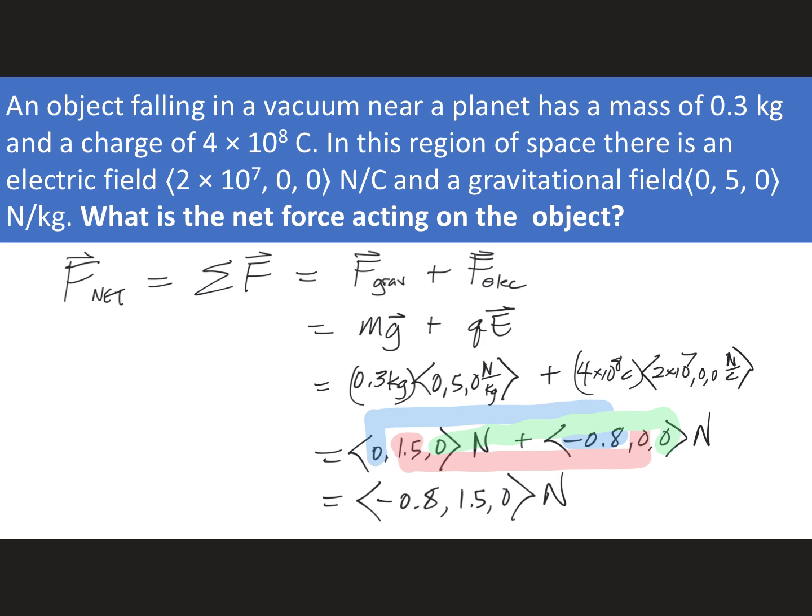A little bit more in the horizontal than it is vertical, but that's the net force on the object. If we wanted to, what would be the angle? Well, the angle is always going to be, with vectors, the inverse tangent of the y part over the x part. So we could have the y component and the x component. That would give us an angle.